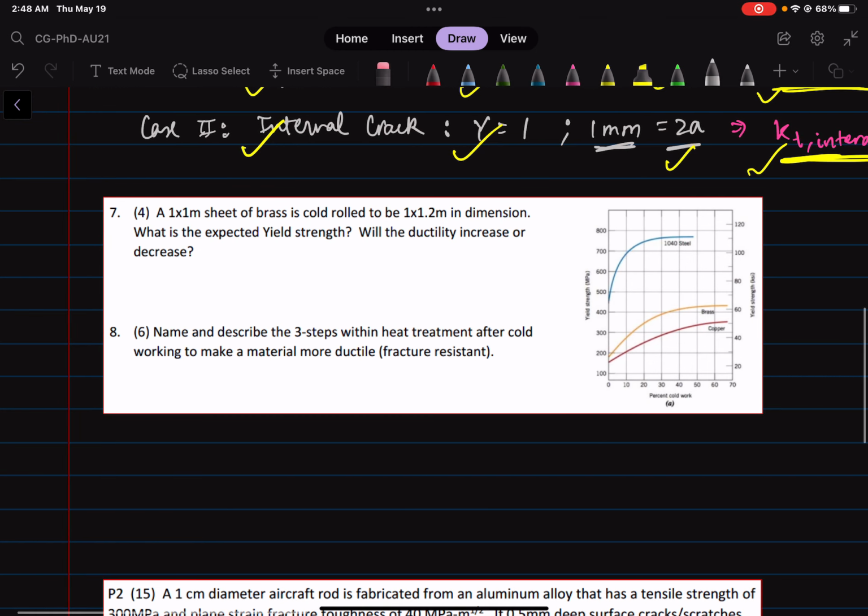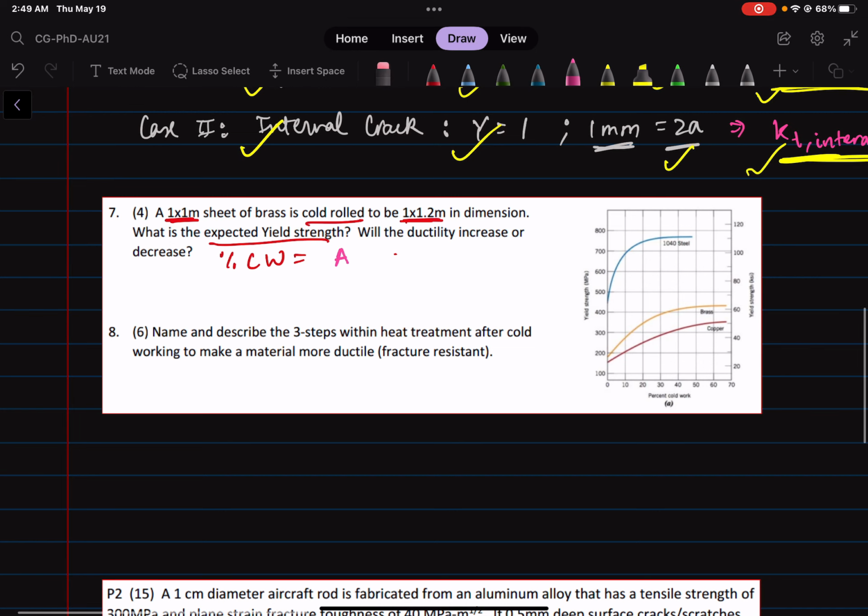You have been given that a 1 millimeter cross 1 millimeter brass sheet is rolled to this dimension. Then what is the expected yield strength if it is cold rolled to this? So we can find the cold work percentage from the formula given to us. I'll write the formula for you guys first.